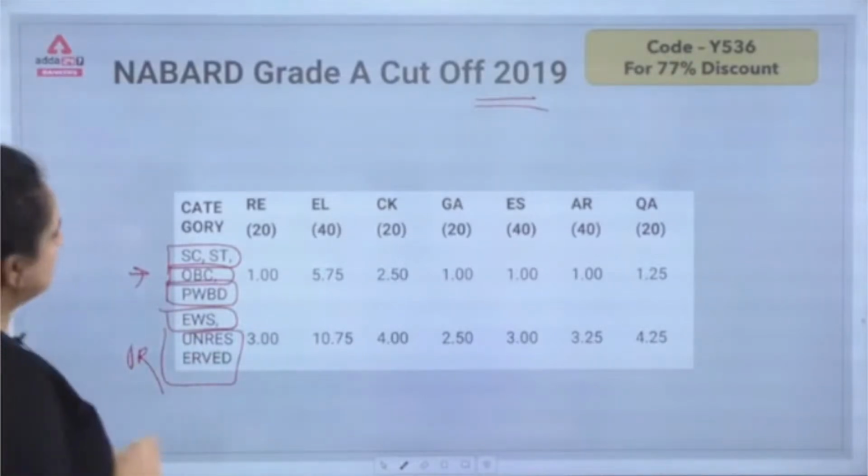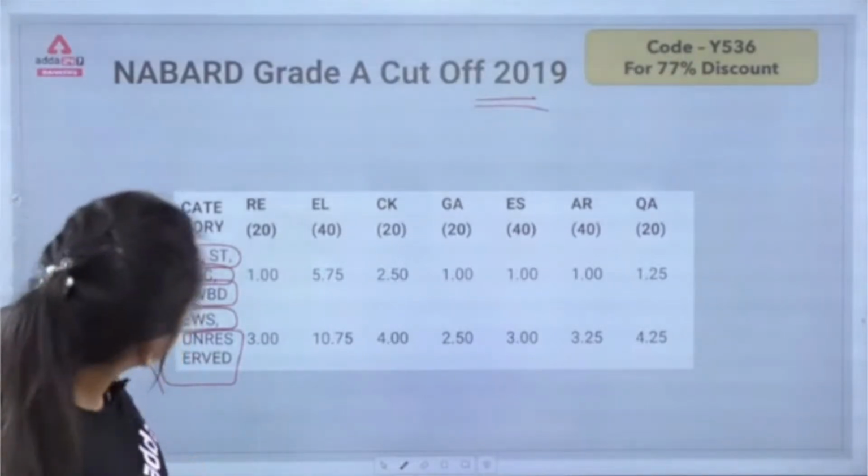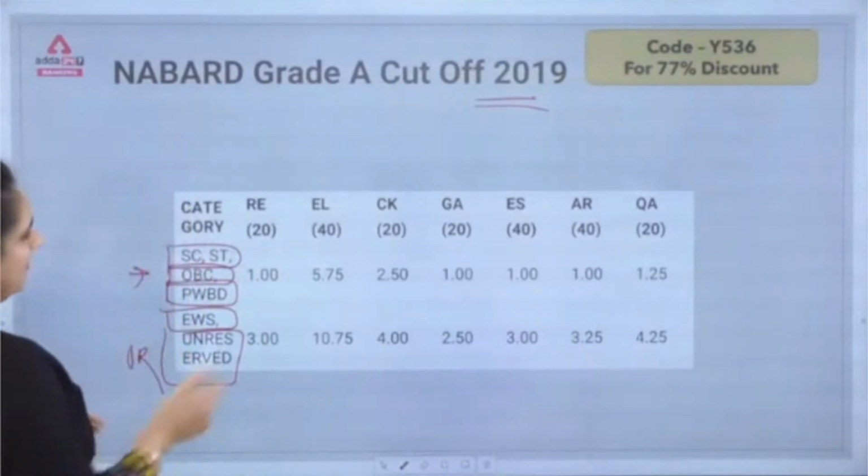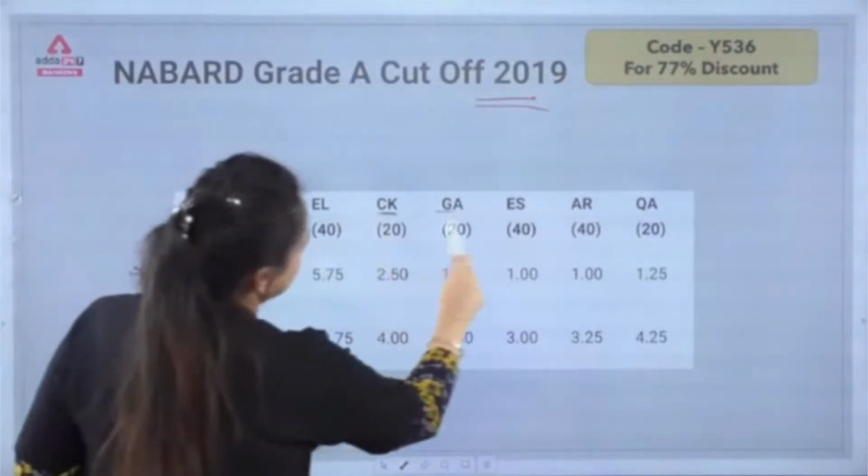So herein, yes, now you all can make out the subjects.